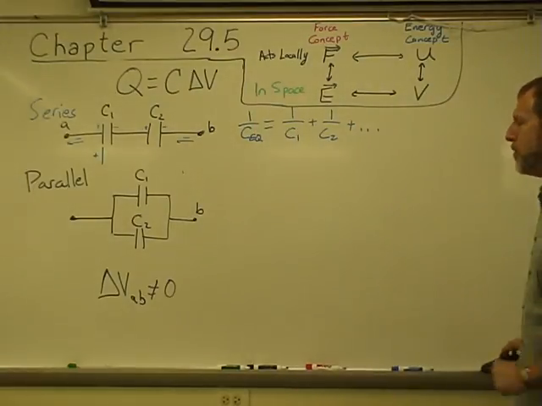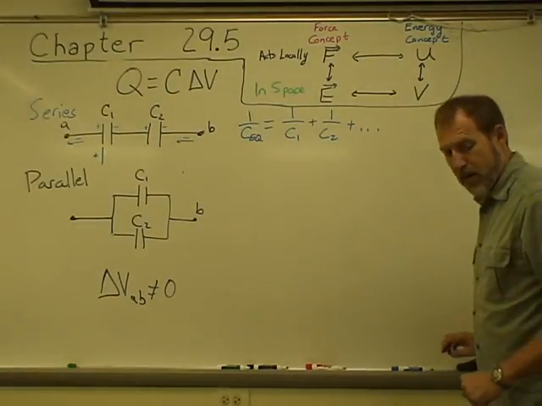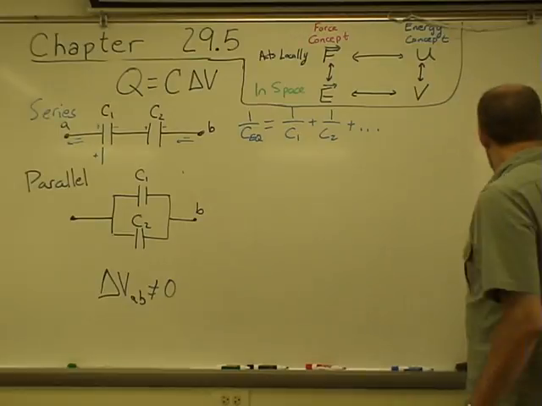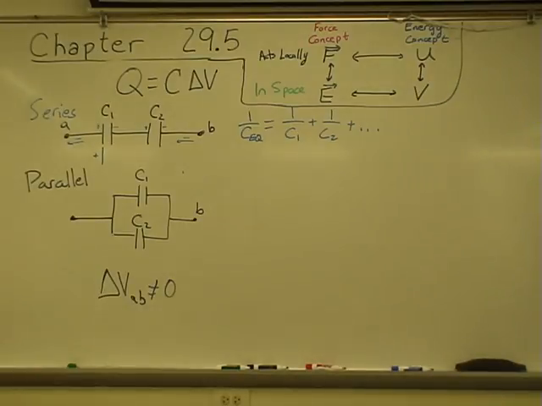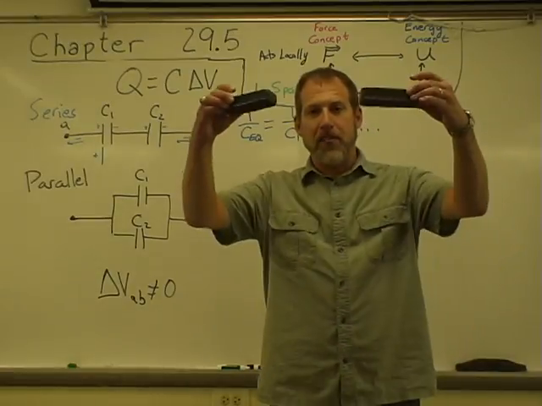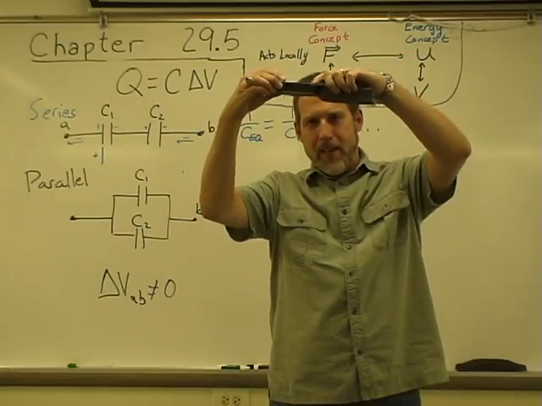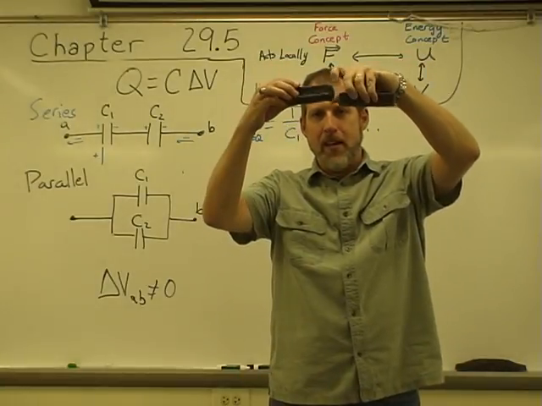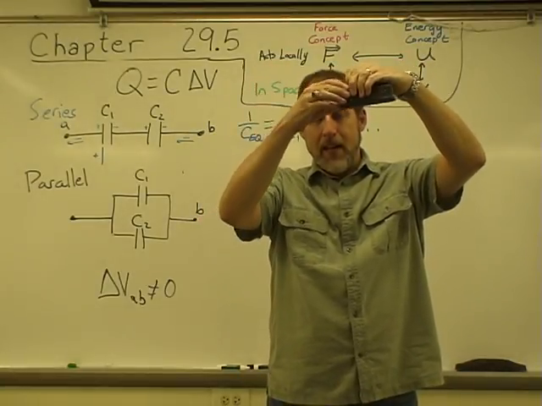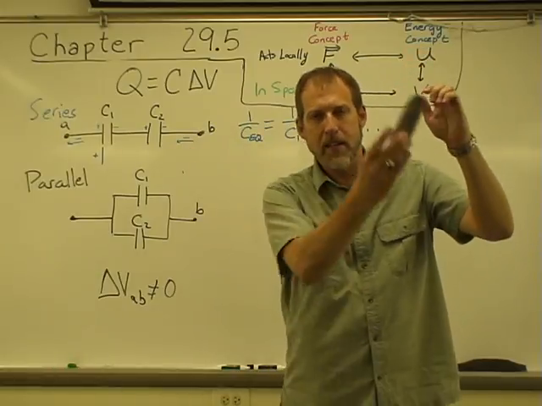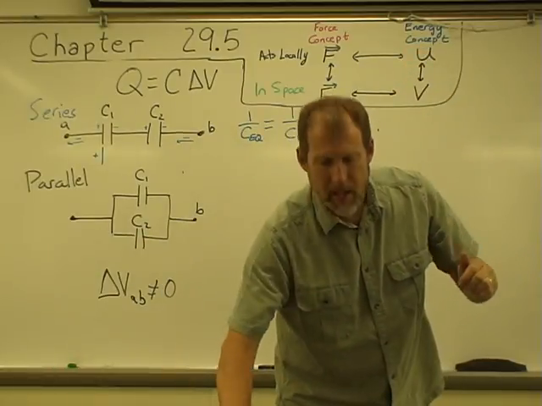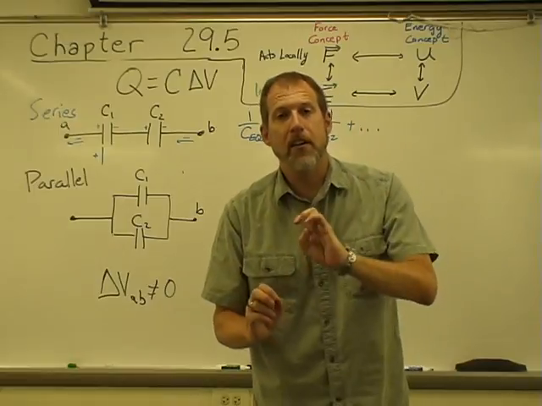Now, if I have two capacitors in parallel, remember that if I'm not running out on you, two objects that go from the same point A to the same point B, then the path they take from one to the other does not matter.